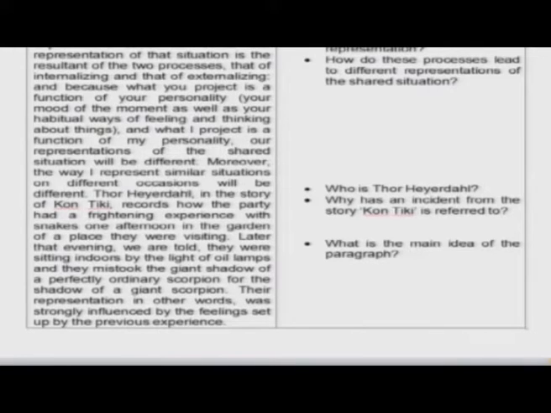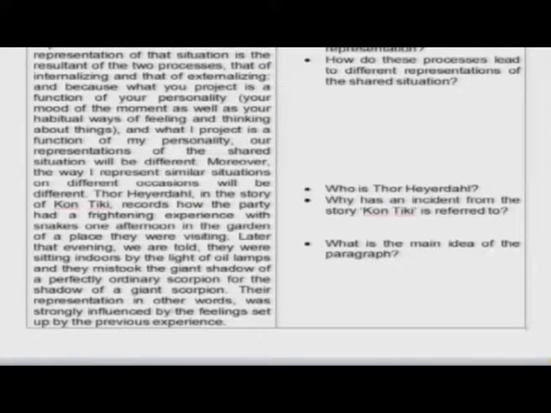Thor Heyerdahl in the story of Kon-Tiki records how the party had a frightening experience with snakes one afternoon in the garden of a place they were visiting. Later that evening, we are told they were sitting indoors by the light of oil lamps, and they mistook the giant shadow of a perfectly ordinary scorpion for the shadow of a giant scorpion.